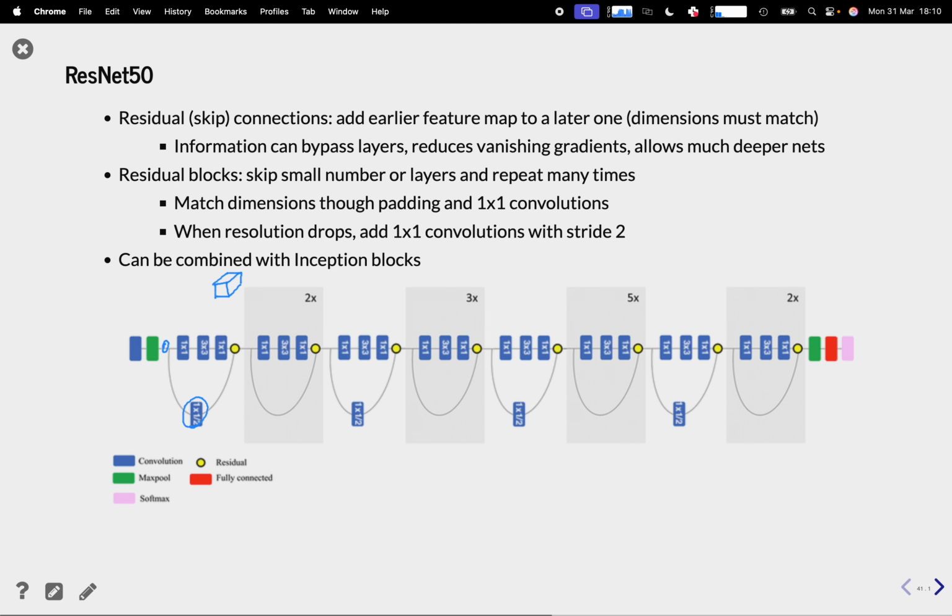This is the initial bit of a reduction block anyway. Okay, you take the output, and then what you do is you sum them up. So you don't concatenate, you sum it up element-wise, right? And then you get the output tensor.